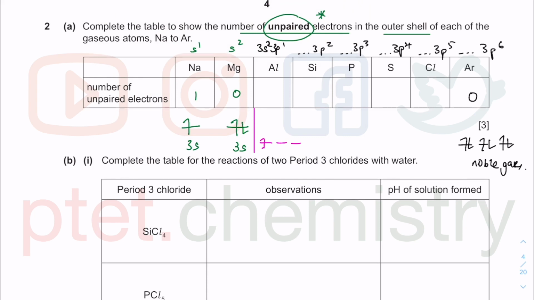So this is 3p1 because there's only 1 electron in the p orbital, whereas this is 3p2, and then it's really a bad idea for me to keep on drawing it because you might interpret it as difference in energy. I'm just going to show you 1, 2, and 3 because when you come to phosphorus, this is group 15.